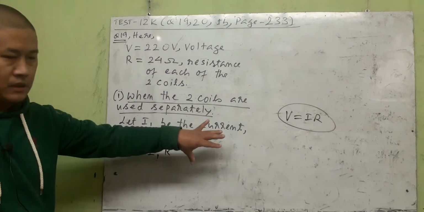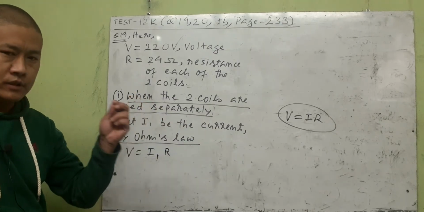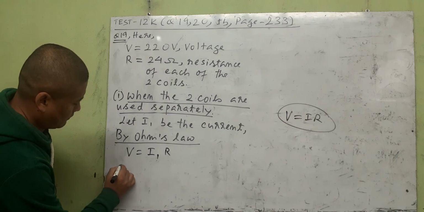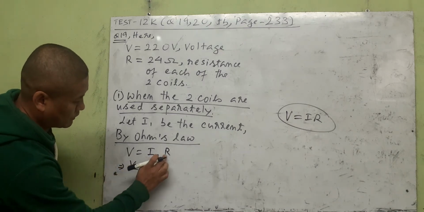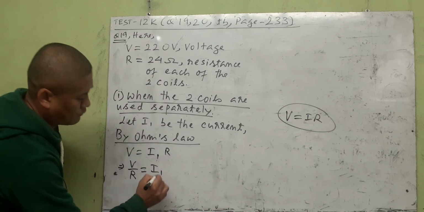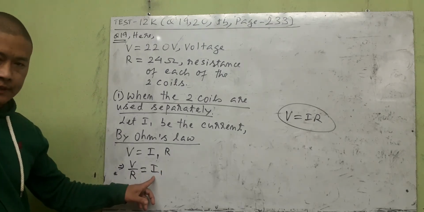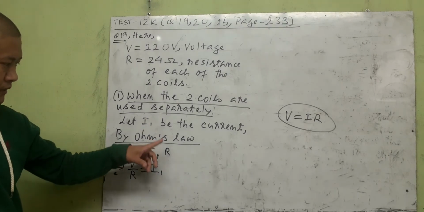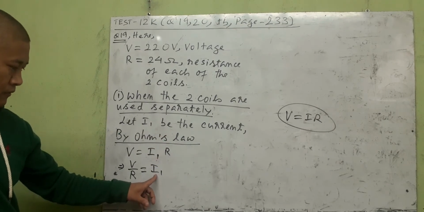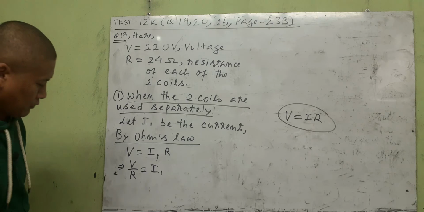In other words, individually, singly. So that implies V, and if you bring this R, it will come down to the denominator, is equal to I1. We did that because the question is saying find the current, right? In each of these three cases, so I is the current which we want to find out.